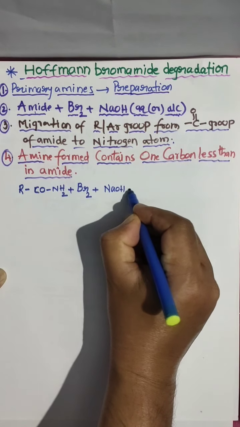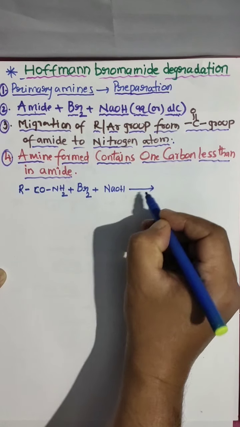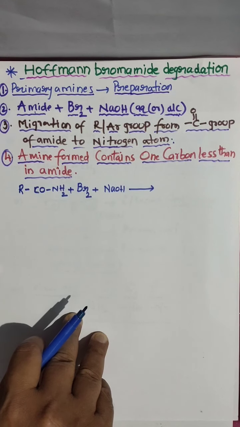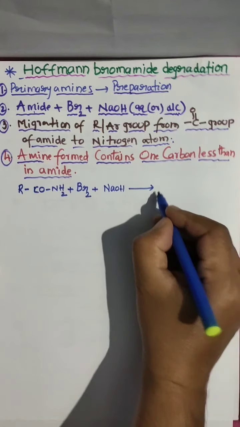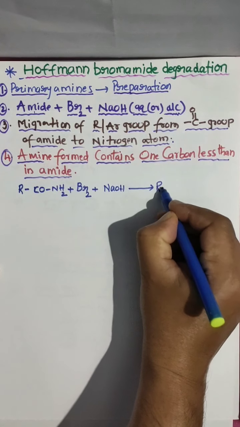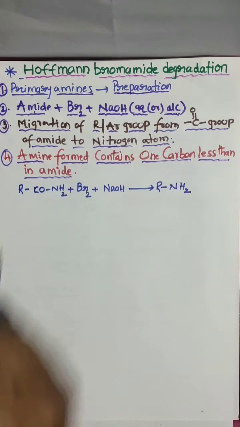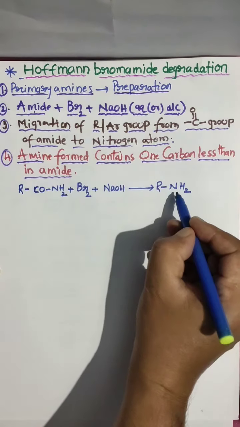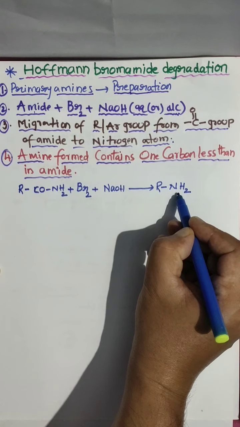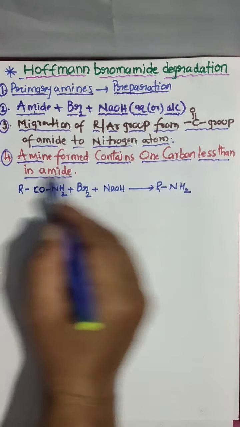Then what are you getting? Primary amines. Look here, the last point: the amine which we are preparing here has 1 carbon less than the amide.